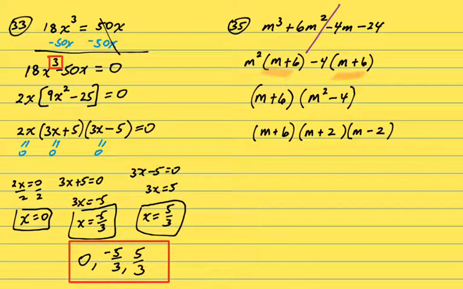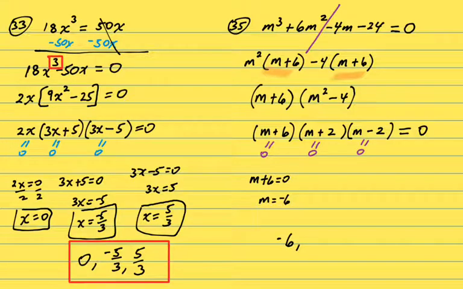Okay, I apologize. I guess I wrote this down wrong. This is an equation. This equals 0. So if this equaled 0, first I would still factor it, but now I would make each factor equal 0. So if m plus 6 equals 0 and I subtract 6, I get negative 6.